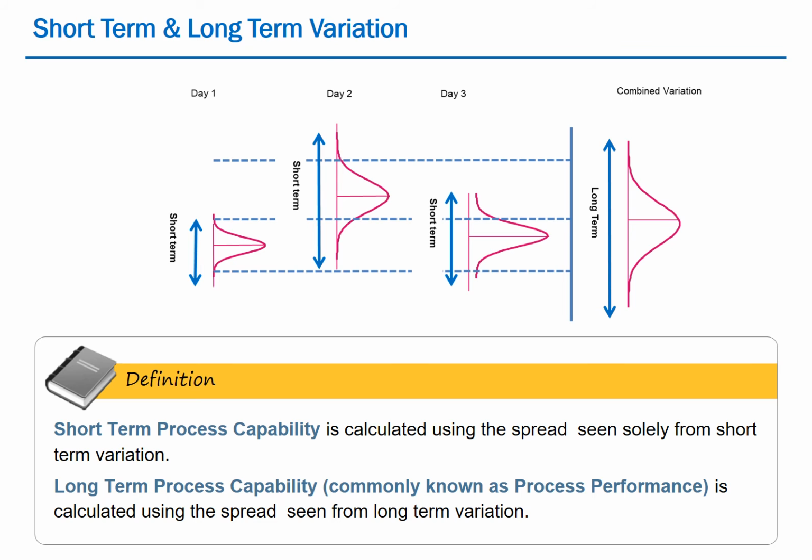These changes could be due to variation, for example, in machines, methods, materials, operators, or environmental conditions over time, and they're to be expected. If all the data is combined, then the longer term view gives the complete variation in the process. This is known as long-term variation, and it takes into account the overall process variation.